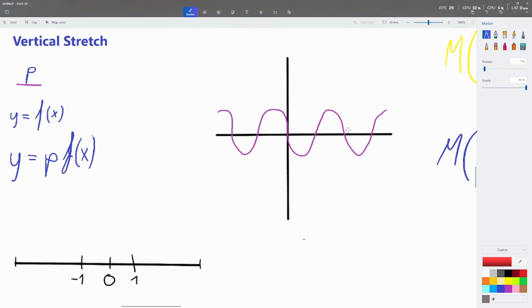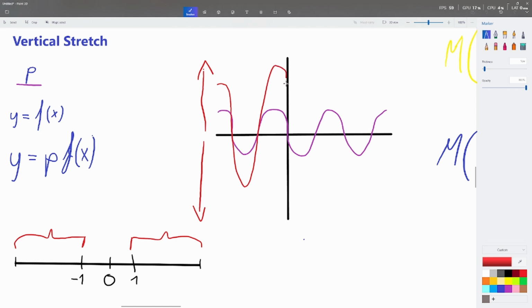For p values, you have two different options. If your p value is smaller than -1 or bigger than 1, it will stretch out your function vertically, meaning that your new function will look something like this.